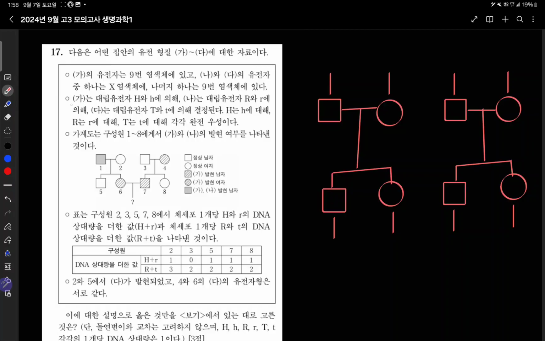The first trait is determined by gene H, the second trait by R, the third trait by T. And capital alleles are dominant over lowercase alleles.